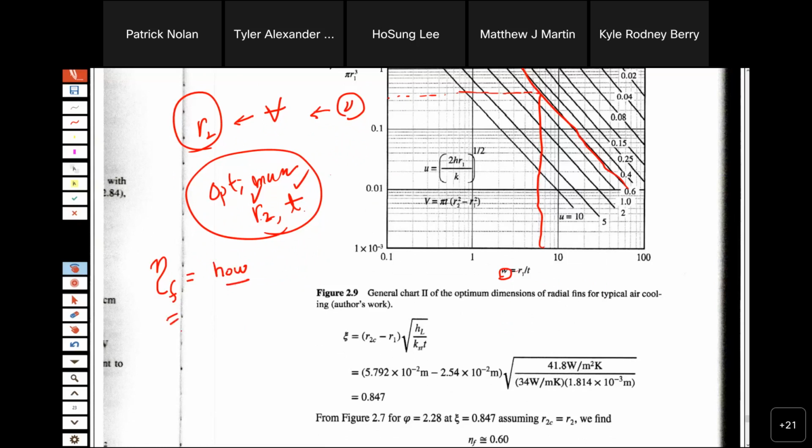How to calculate the efficiency? I said that we optimized R2 and T, then how can we calculate the fin efficiency? Are you going to use the Bessel function? No, we don't have that, no way. How can we figure out the efficiency?